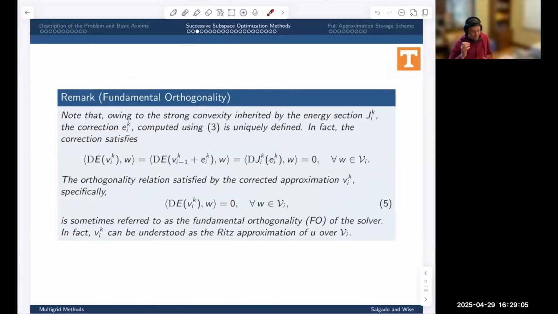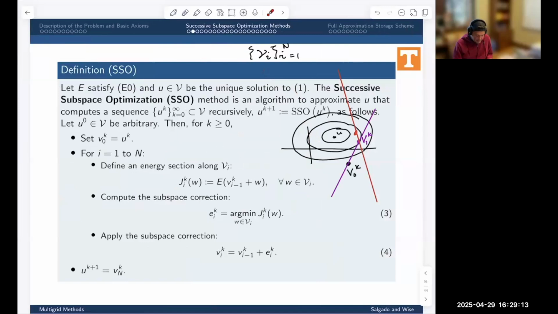All right, now I talked about this last time too. There's this concept called the fundamental orthogonality, and that just means that when we do this optimization here, we can actually think about this as solving an Euler-Lagrange equation, right?